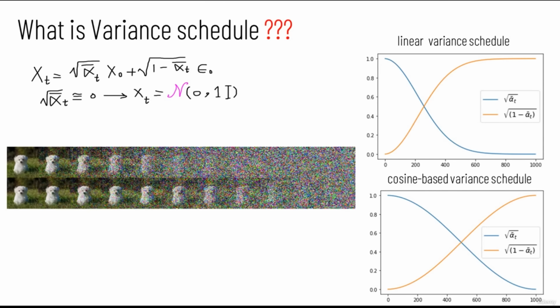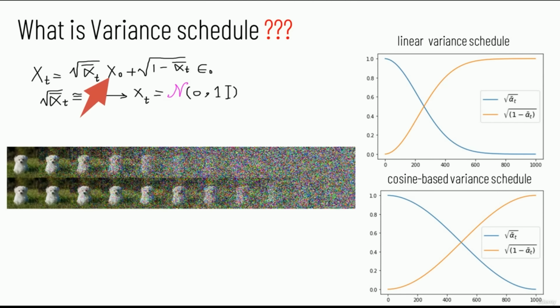Hi, previously we talked about the linear variance schedule, and we could compute the value of alpha bar at each time step. In other words, now we are able to find the value of xt directly from x0.